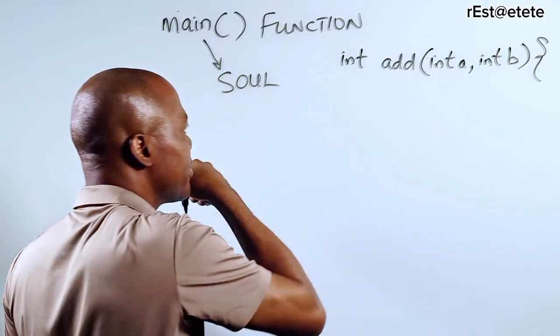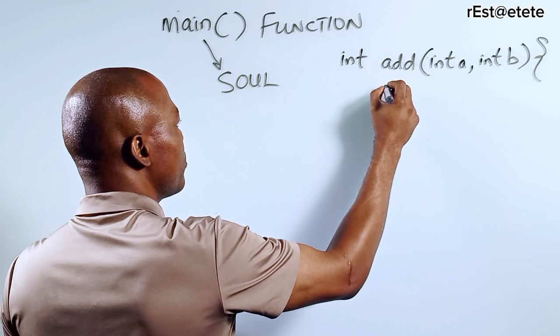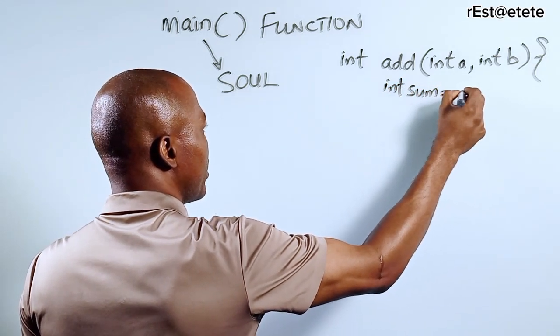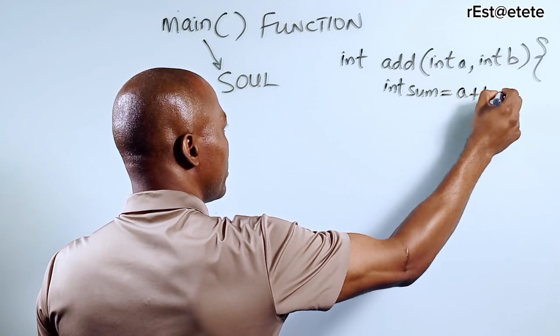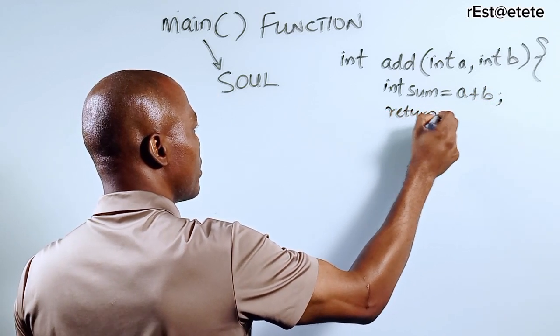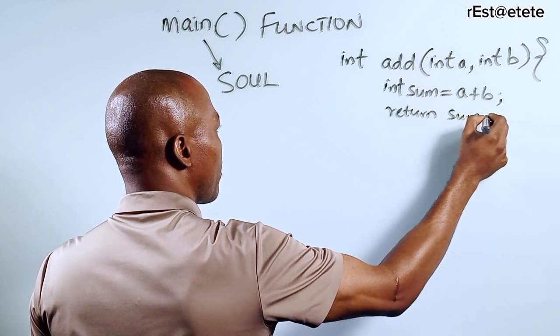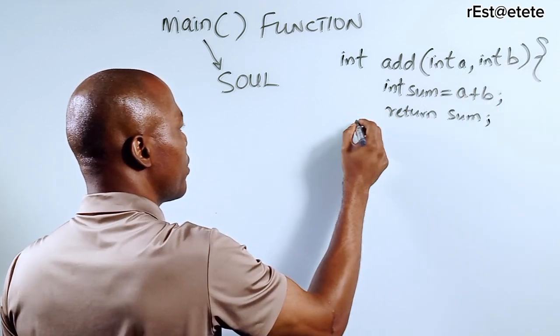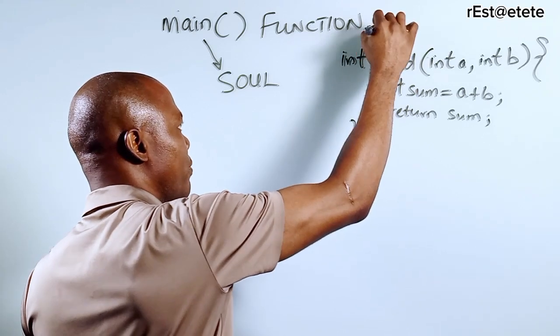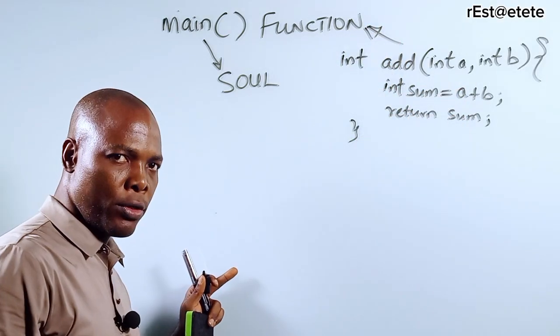Inside it, we declare another variable int sum. And then we put this a plus b inside. And then we say return sum, right? And then we close our curly bracket. So this is our function that we have written, our add function.